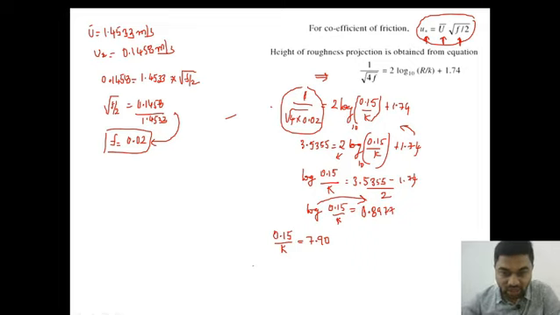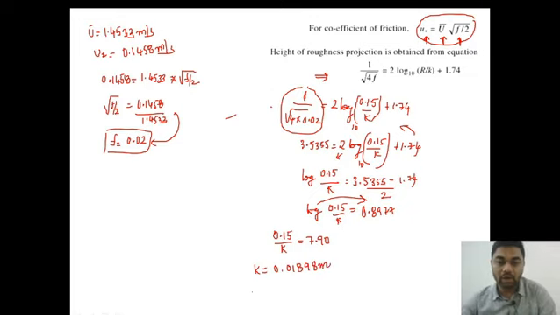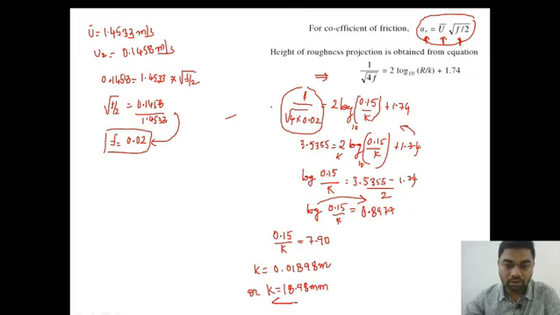From this, the value of k is 0.01898 meters, or the average height of roughness projections, k is equal to 18.98 mm. So this is the answer.